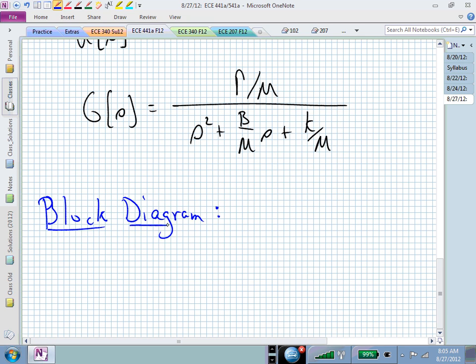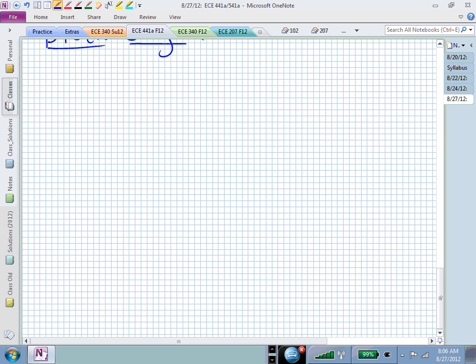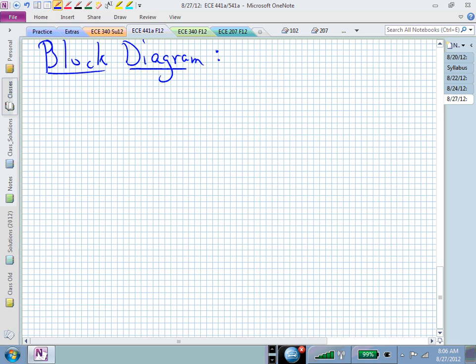Let's now look at the second approach, which is by examining the block diagram, and I'm going to just recall what that was from last time in the frequency domain. We had two integrators, which in the frequency domain are these 1 over s blocks.